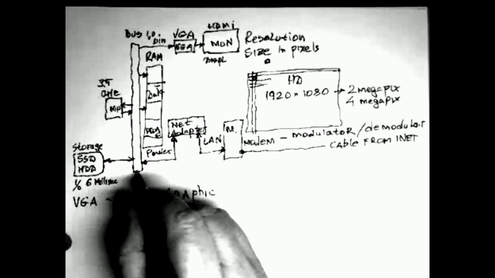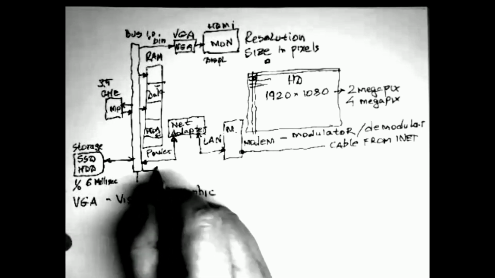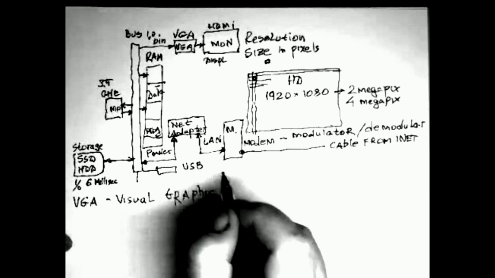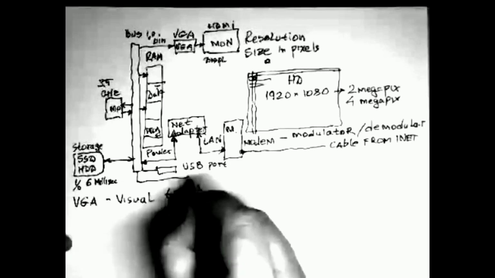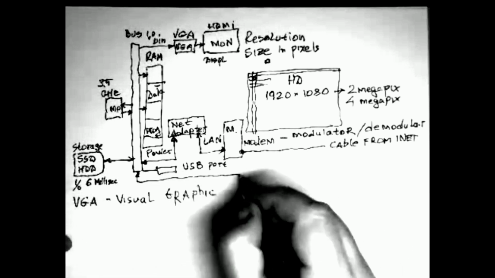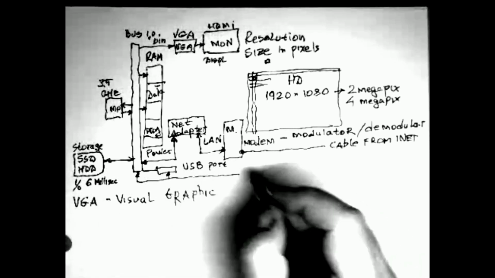Definitely, you need human interface devices, and you need to have ports. So that is a USB port for external devices, and that will be the connection for input devices. It could be through the USB port.